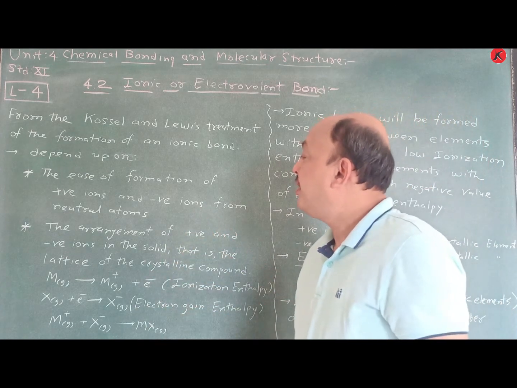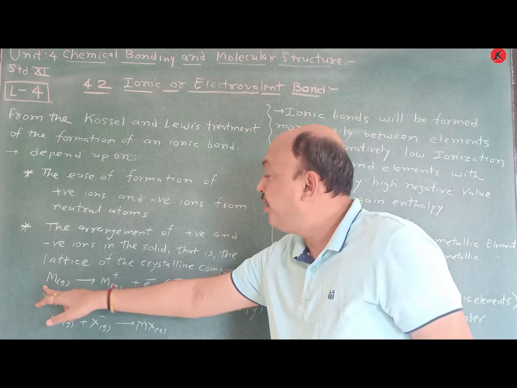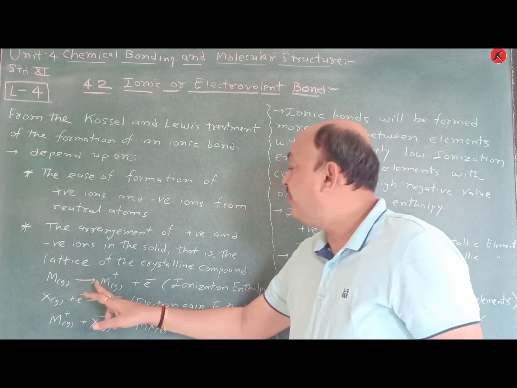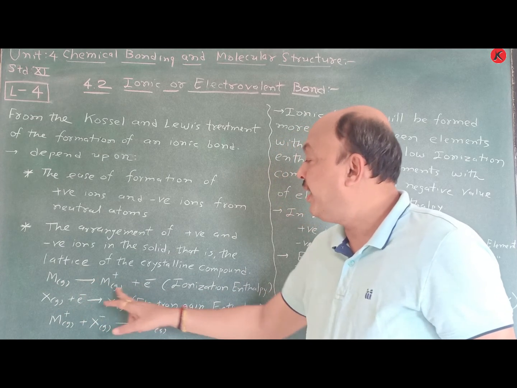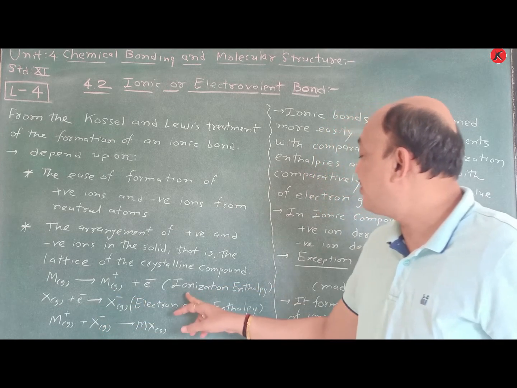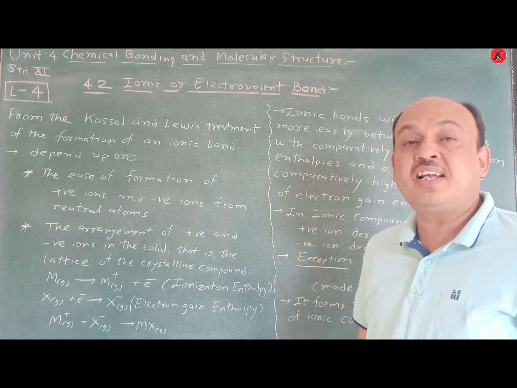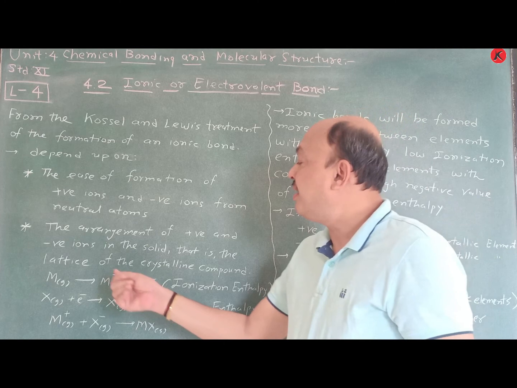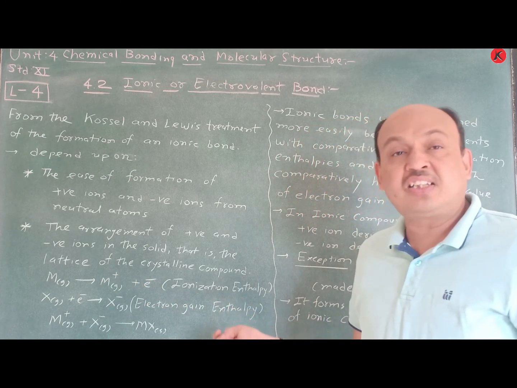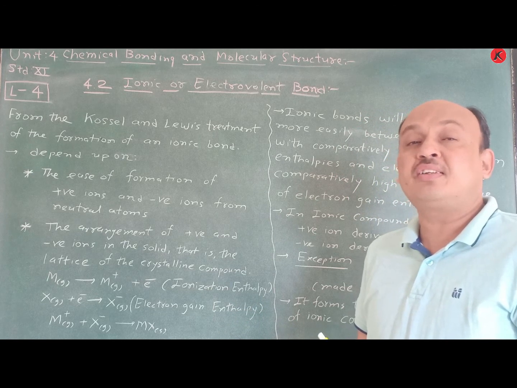Okay, so here suppose we consider a neutral atom M in gaseous form. When it loses an electron, it is converted into M plus in gaseous form, and for this we have to give energy, and that is considered as ionization enthalpy. You already learned this in Unit 3.